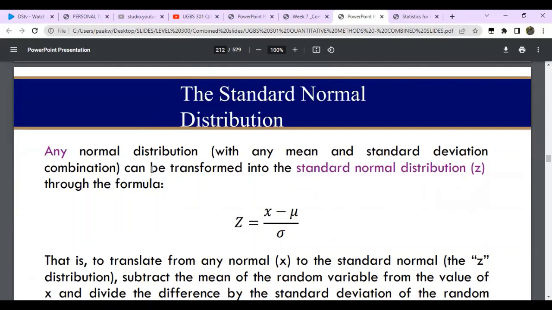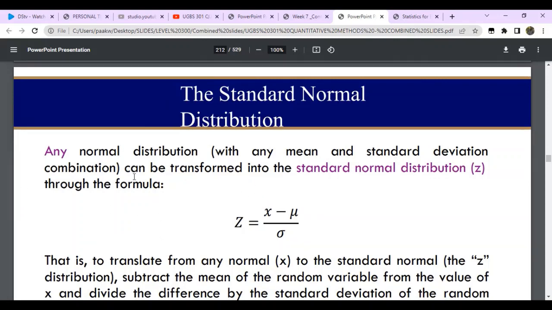When you see a question with a normal distribution with mean and standard deviation, it can be transformed into the standard normal distribution, or Z, through this formula.